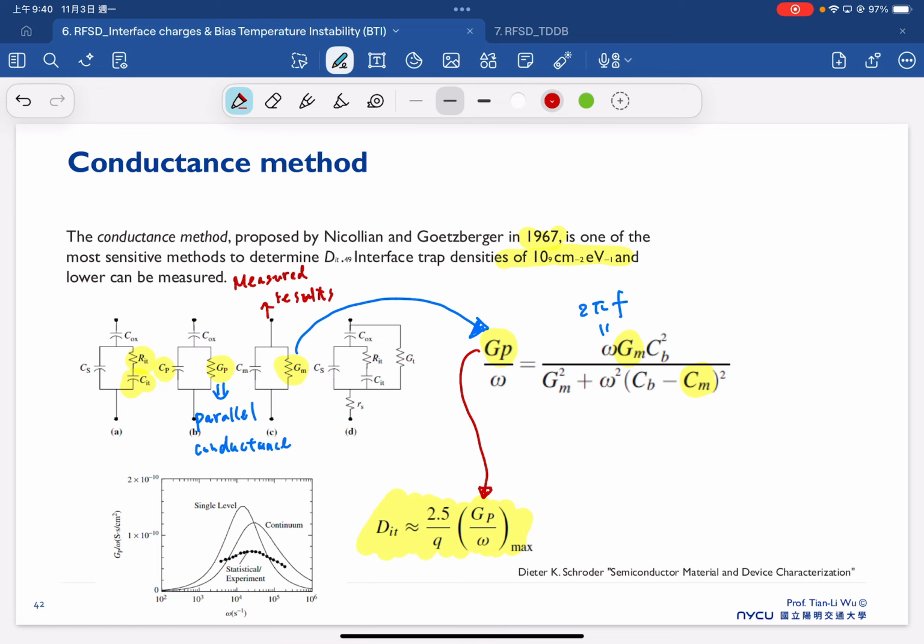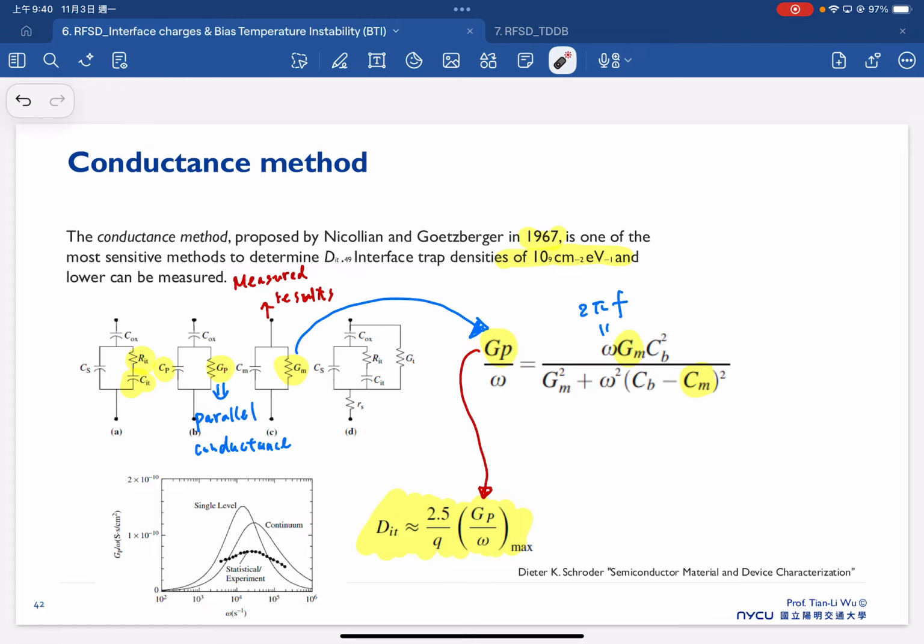Then we can start to estimate our interface state density, which will be roughly equal to 2.5 over Q times this GP over omega at the maximum value. So that's a very easy way to estimate interface state density.